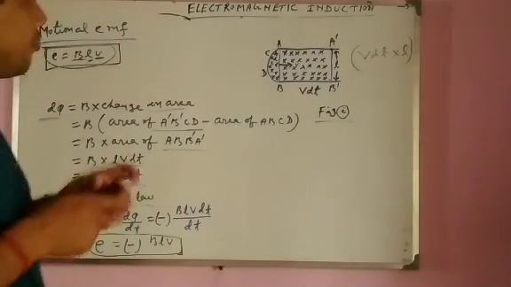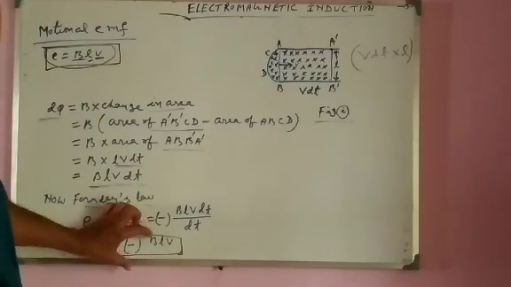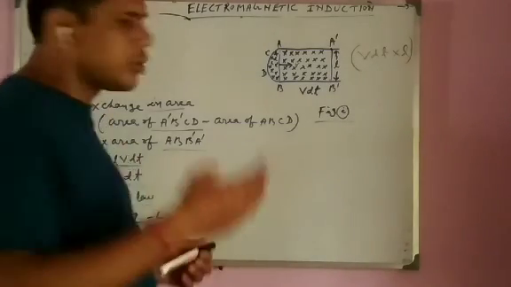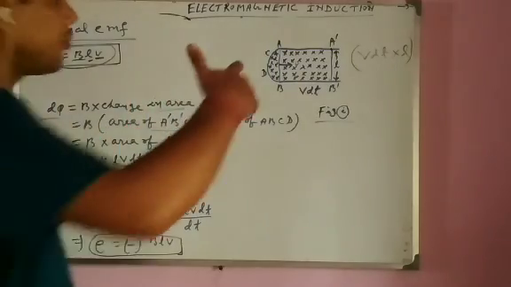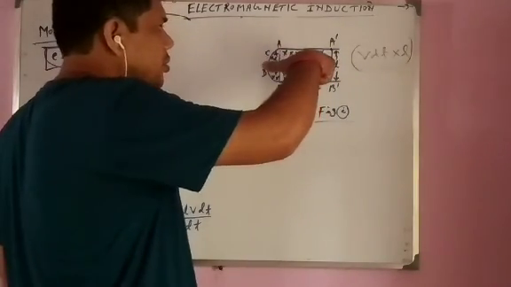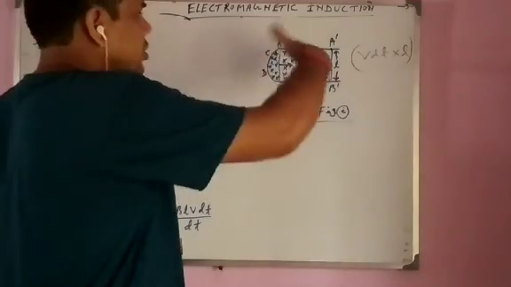Next we have to find the direction of the induced current. To find the direction of induced current, we apply the dynamo rule or Fleming's right hand rule. Now see here, the magnetic field is into the board. The index finger gives the direction of the magnetic field.